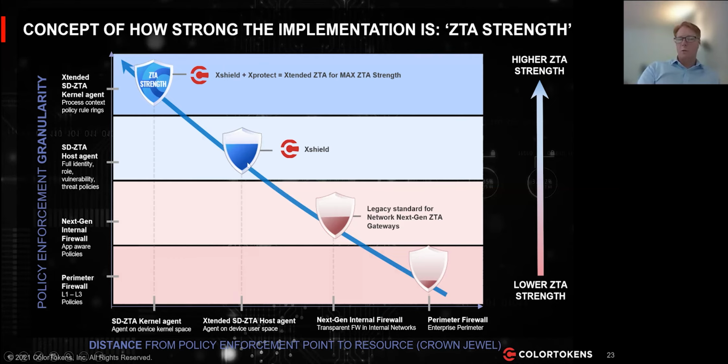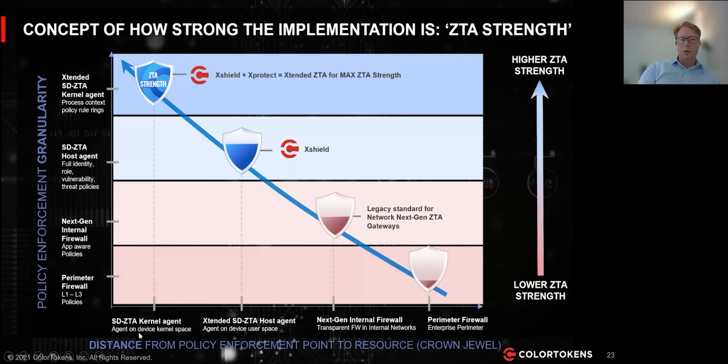And also in this approach, we can take all information that is not dependent on information in a network packet. We can use all information that exists on the agents that are installed on resources and on all other assets in the infrastructure, and make the policies much more granular. So that is also a route to take, and you can then move further up if you can find a way to use further information.